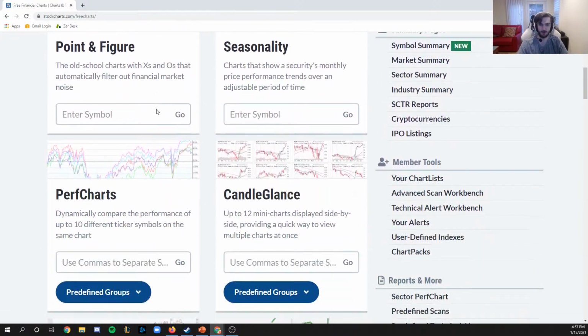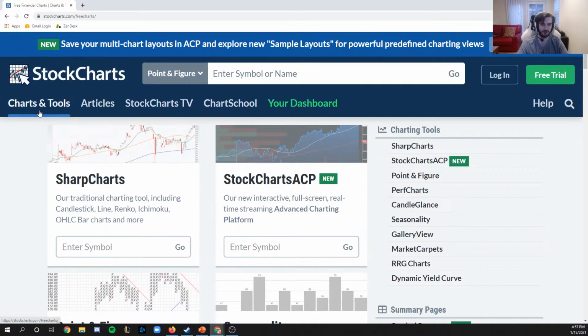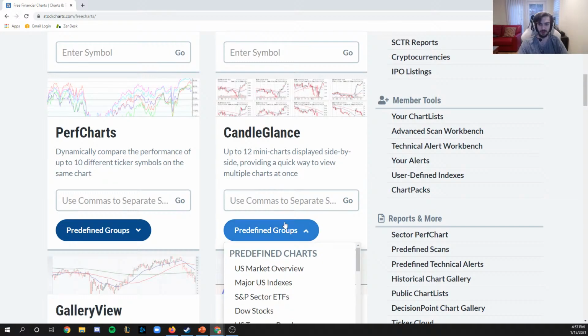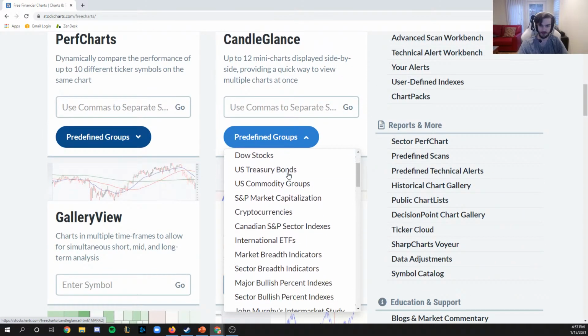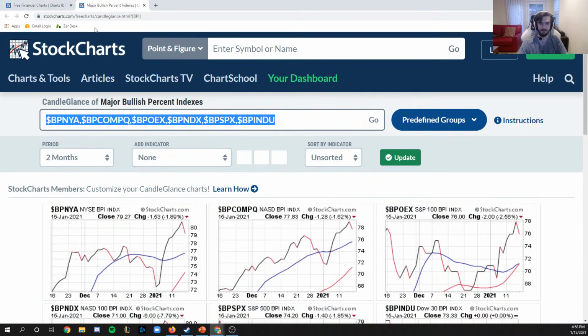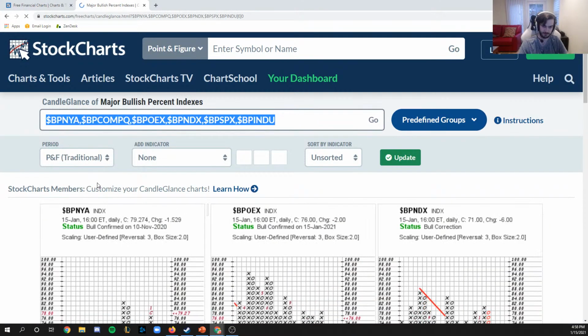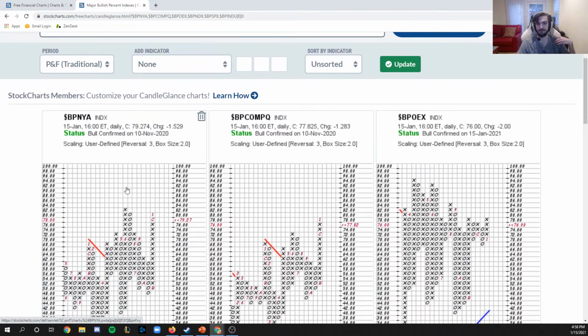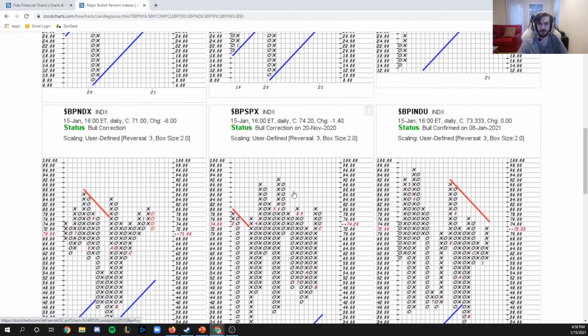Then, if we go back to the exact same place, Charts and Tools, Candle Glance, and we scroll down, you have both major bullish percent indexes, which will give you the BPI, the bullish percent index, the percent of companies on a buy signal in each market, where here we have the New York Stock Exchange, here we have the Nasdaq, so on and so forth.